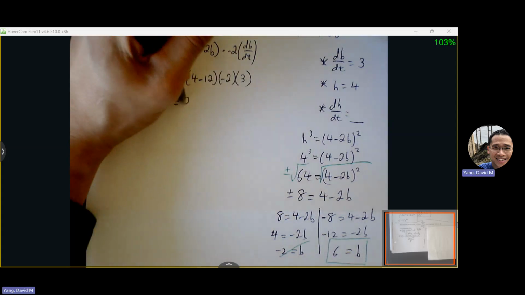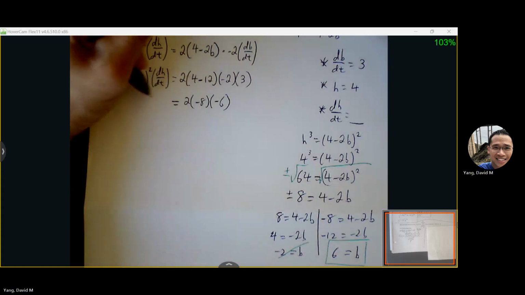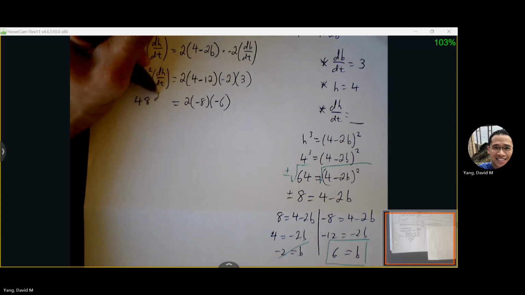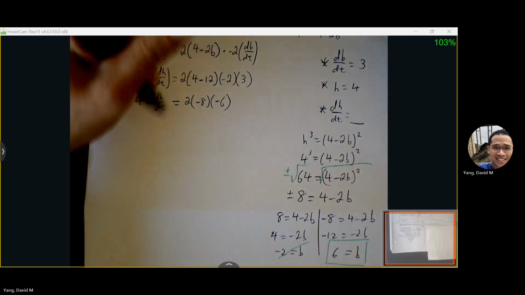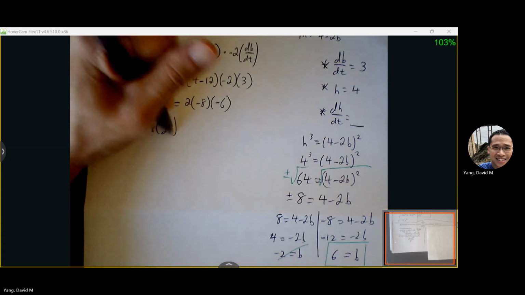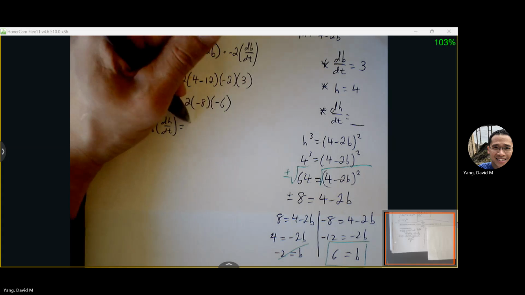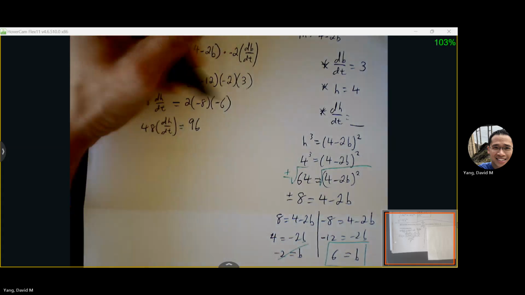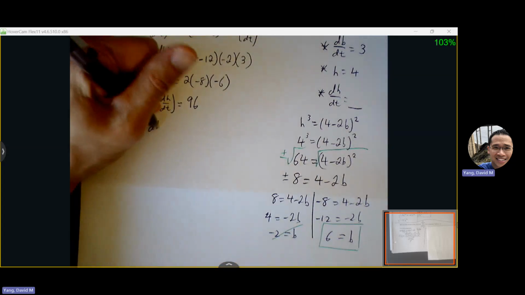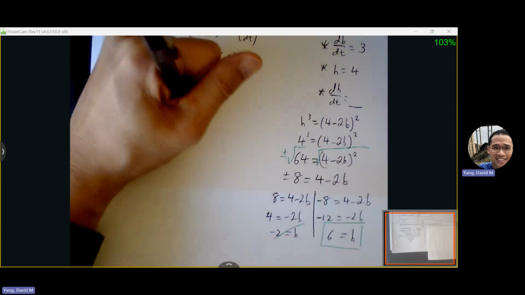Clean all this up here. 2 times -8 times -6. All right, final step, divide both sides by 48, dH/dt. 6 over 48, which is 2.